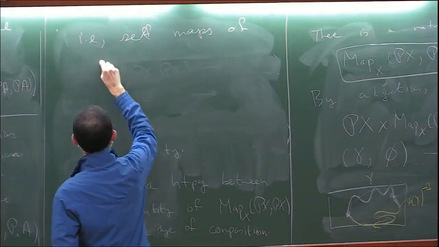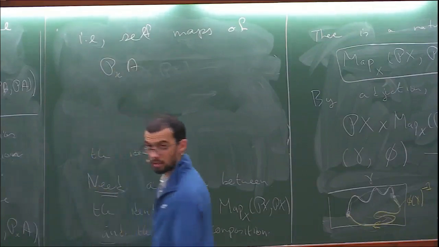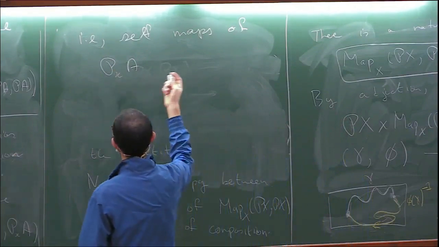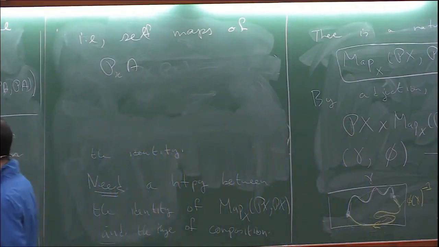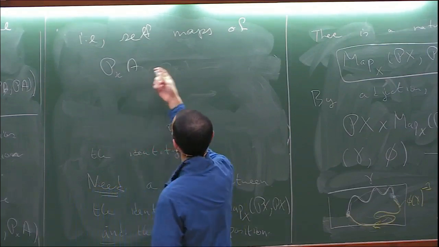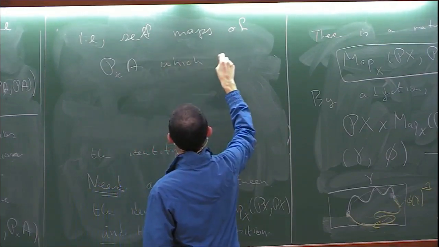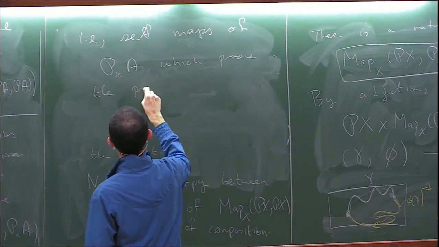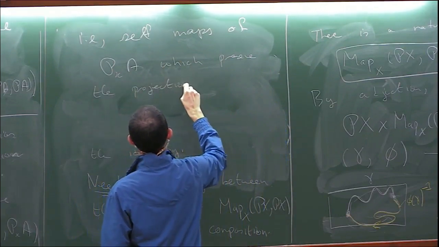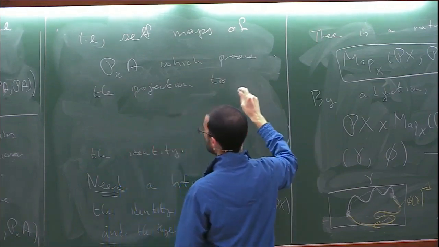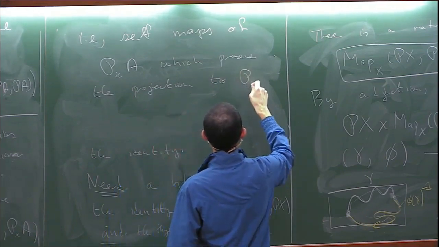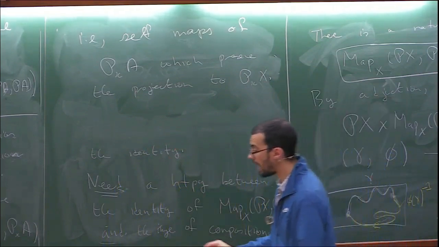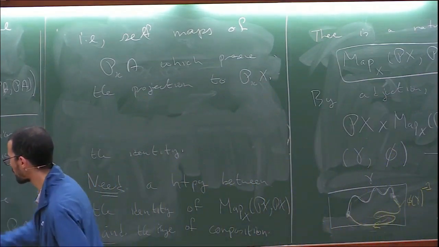Self-maps of the space of paths with endpoints on x and the base point, which preserve the projection to the space of paths in X. And now the problem is exactly what the quotation marks are about.